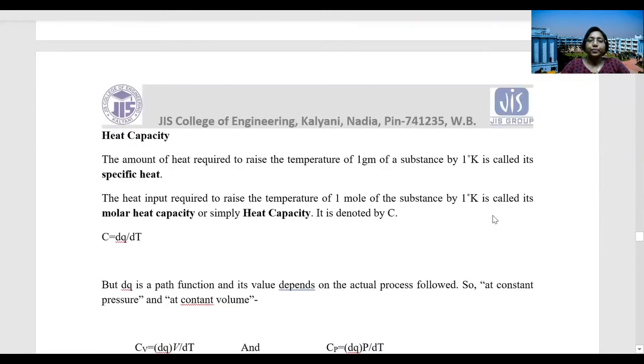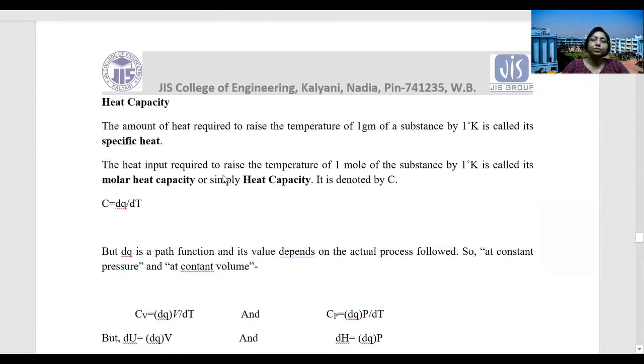So now, what is the heat capacity? The amount of heat required to raise the temperature of 1 gram of a substance by 1 degree Kelvin is called its specific heat.